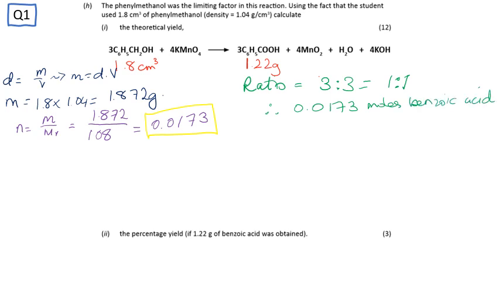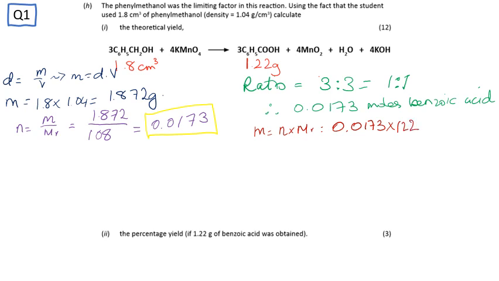So how many grams is that? So I need to use my equation once again for mass. So it's going to be number of moles times Mr, which is the 0.0173 moles, multiplied by the Mr, which I've worked out separately as 122.